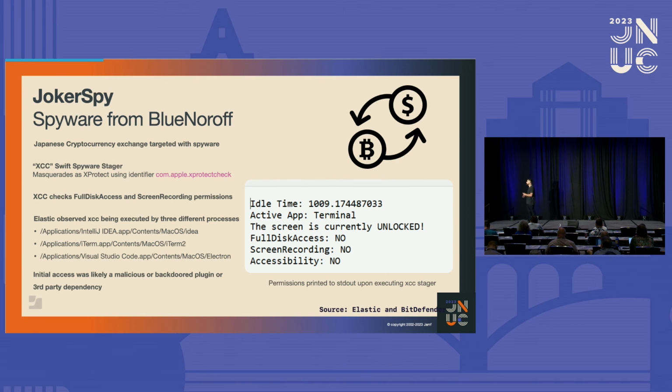And Elastic Security Labs also observed XCC being executed by 3 different processes: the IntelliJ process, iTerm2, as well as Visual Studio. And they determined that it's likely a malicious or backdoor plugin or third-party dependency. That's how the initial access of this malware happened.